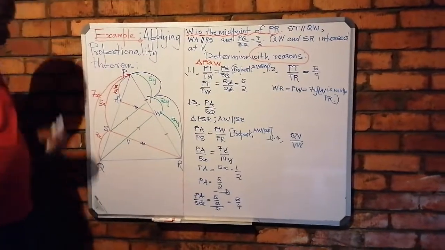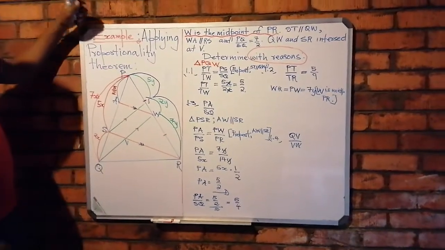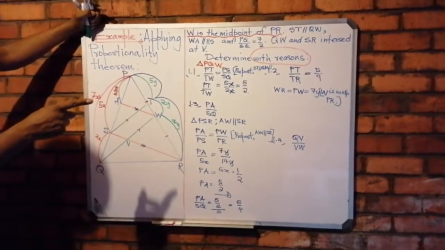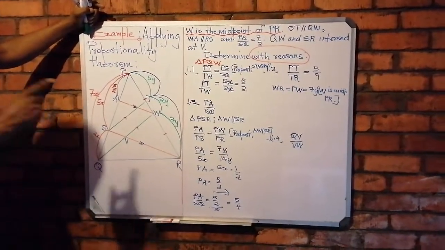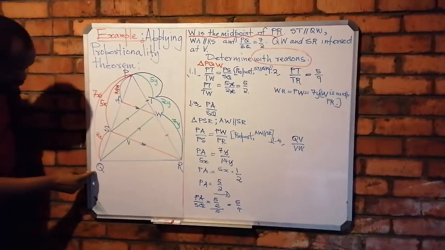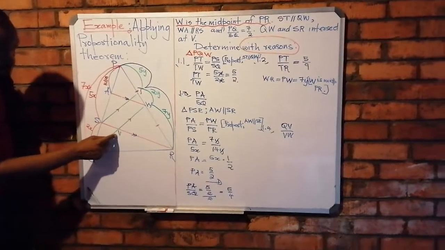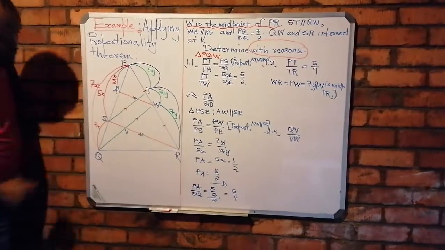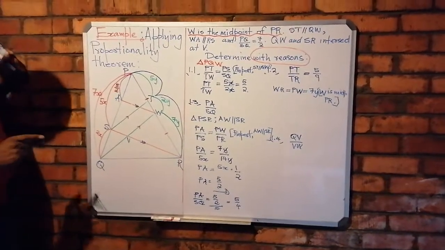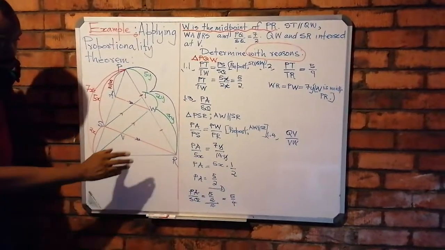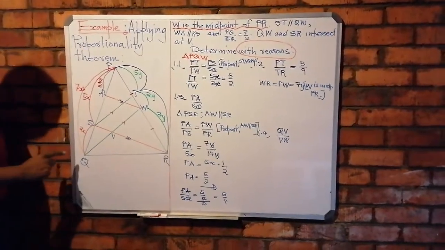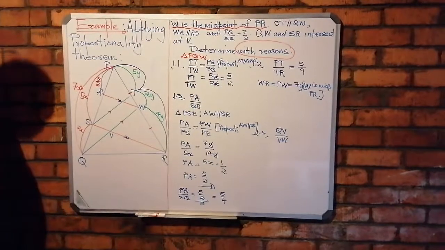Now let's move on. Moving on, they want QV divided by VW. Where is QV? QV divided by VW. What must I do now here? I must look for the triangle, if there's any, that has got QV and VW.